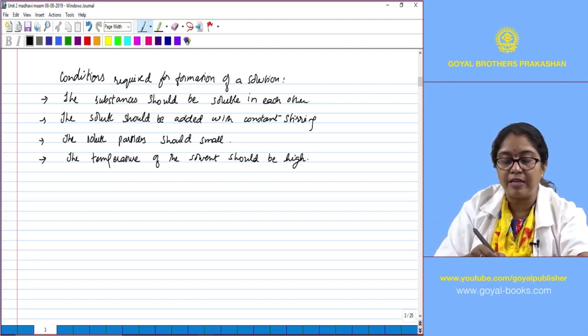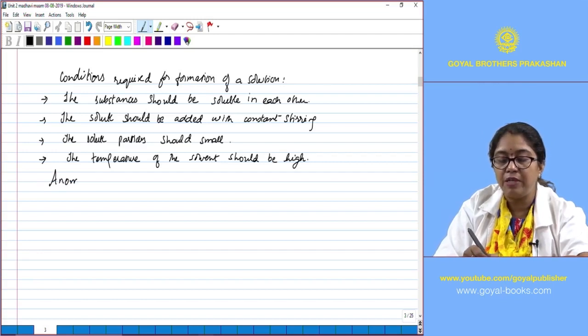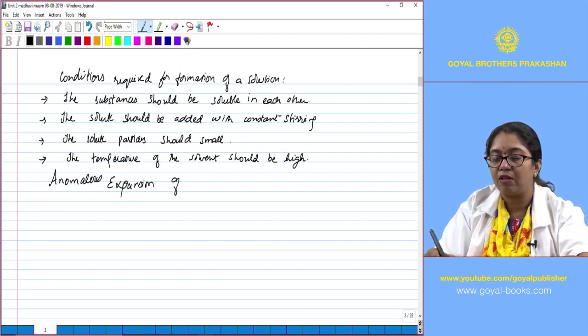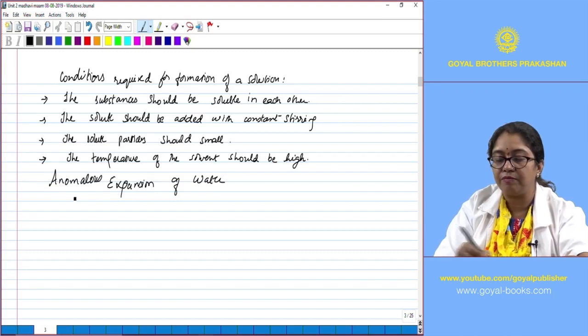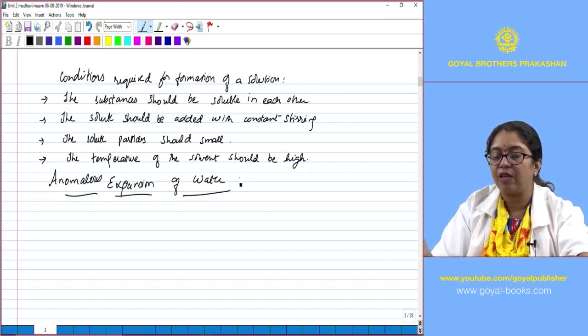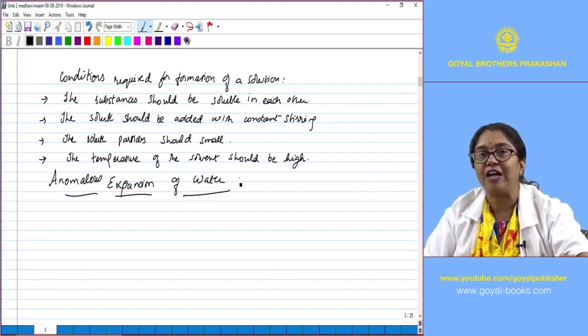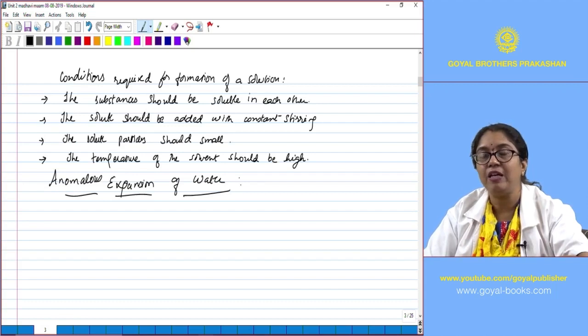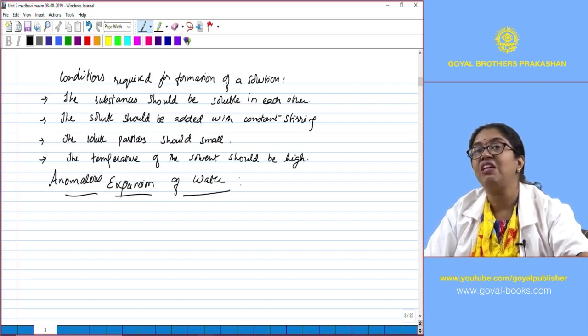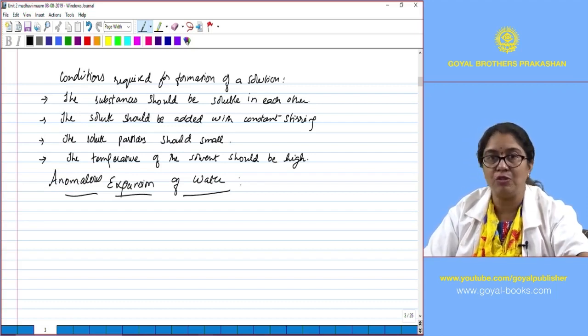Now let us discuss anomalous expansion of water. You had studied the effect of heat on matter, right? Normally matter expands on heating and contracts on cooling.